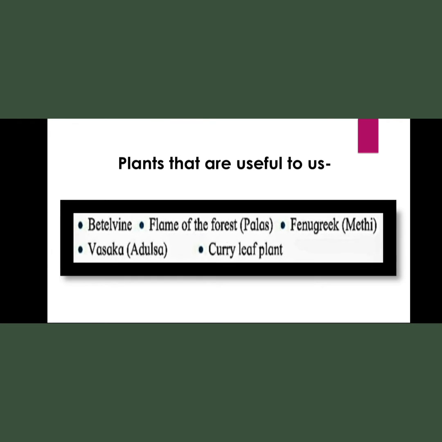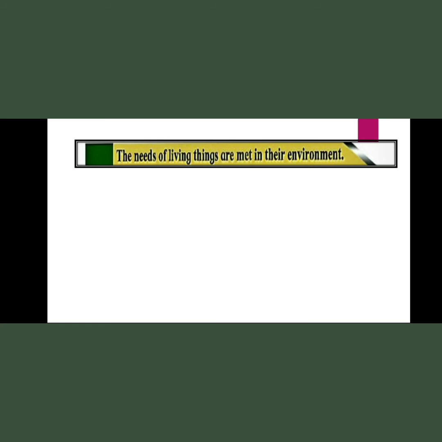Can you tell? Plants that are useful to us: betel vine, flame of the forest, palas, fenugreek methi, Vasaka adulsa, curry leaf plant. You know, children, the needs of living things are met in their environment.